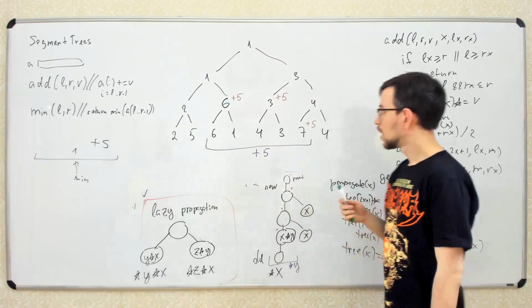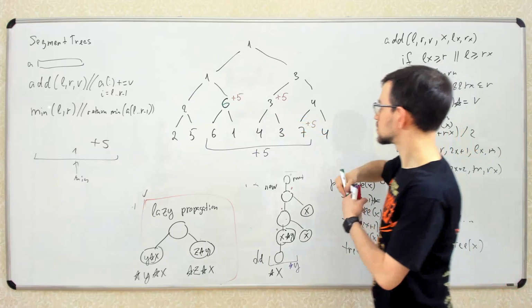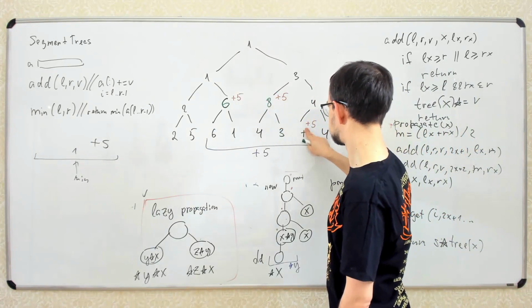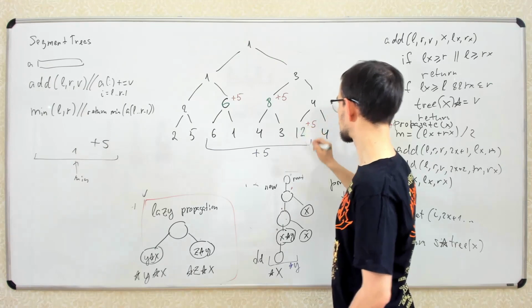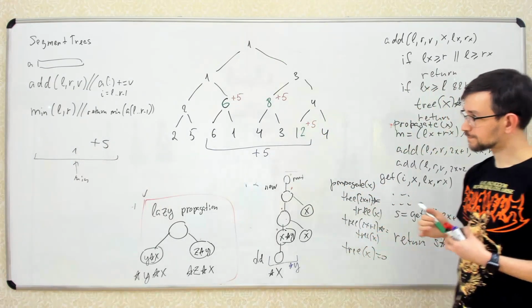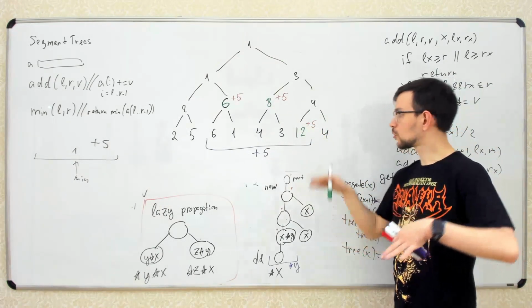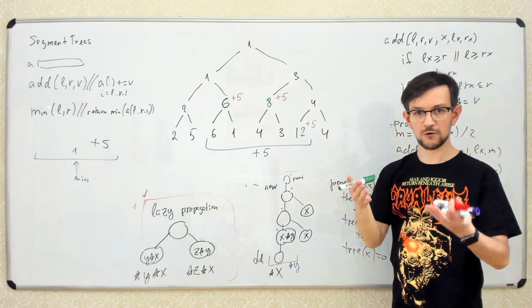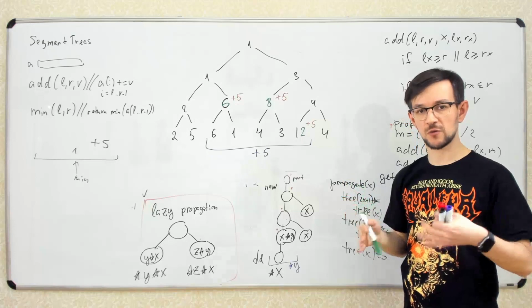Cool. And also change these elements. So here will be 8, and here it will be 12. And now we'll recalculate the minimums above these elements, to keep it a correct segment tree for minimums.